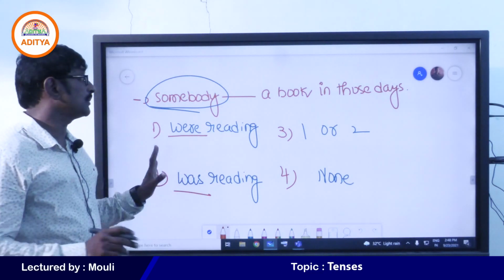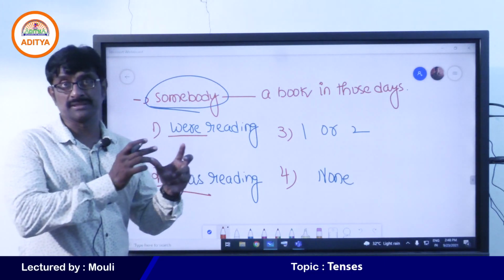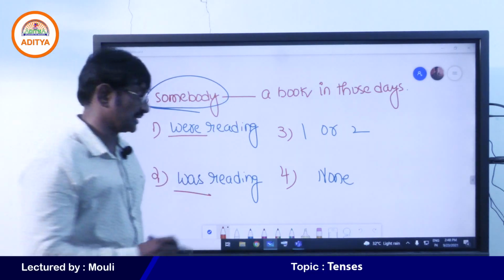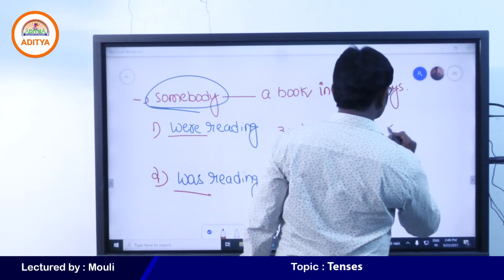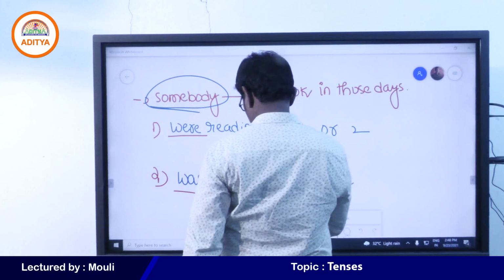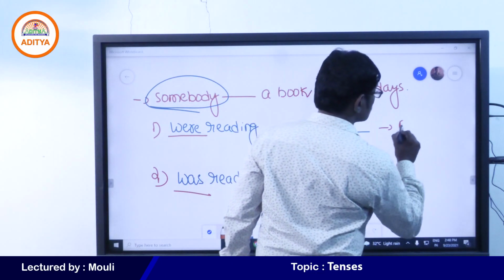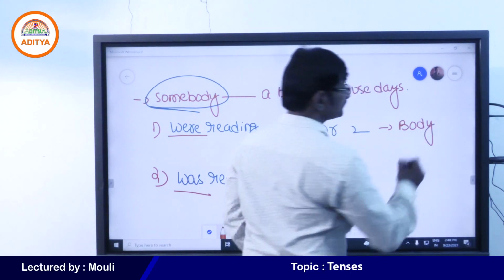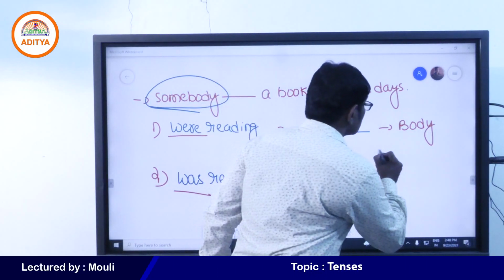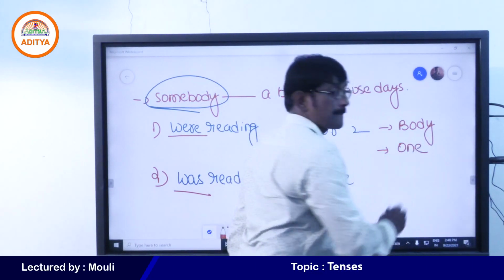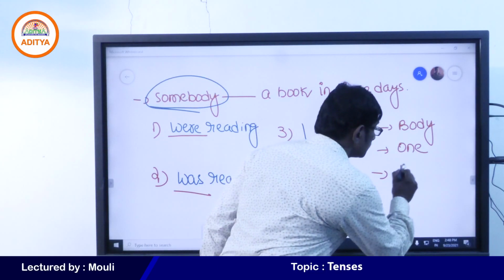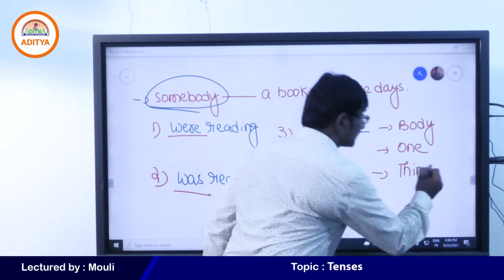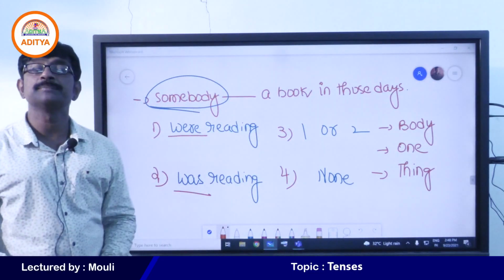Now, let us have a small system in this. A small keyword I will tell. If any word ends with body, if any word ends with one, O-N-E, if any word ends with thing, T-H-I-N-G, you take these three.